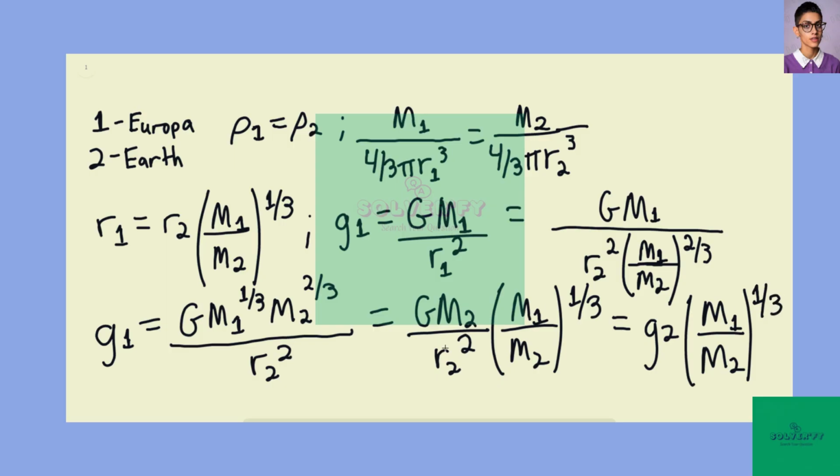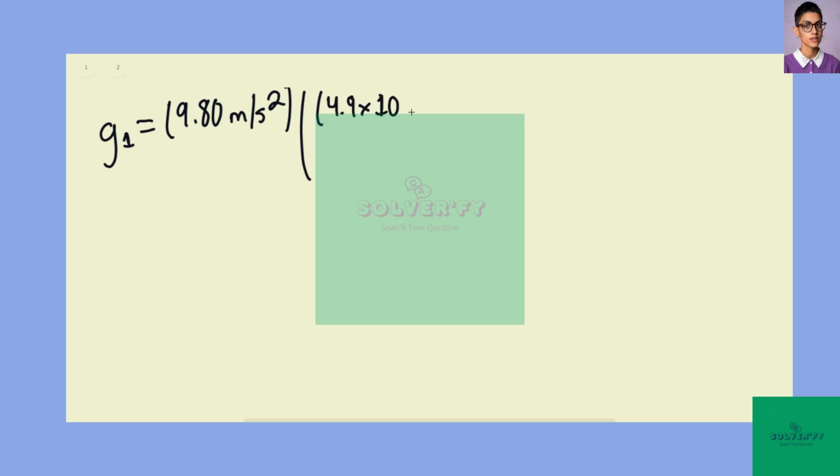And at this point, we can solve and say g sub 1 equals 9.80 meters per second squared times 4.9 times 10 to the 22nd kilograms divided by 5.98 times 10 to the 24th kilograms, to the 1/3 power.